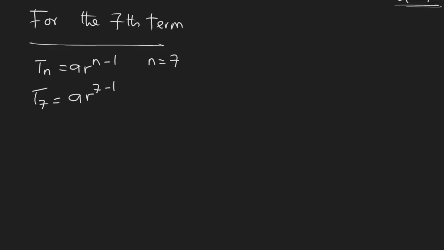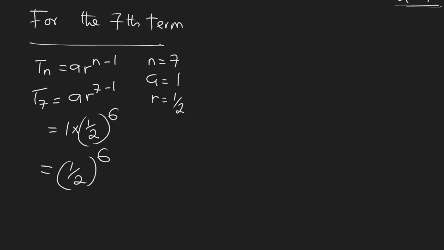So this is going to be 1 times 1 over 2 to the power of 7 minus 1, which is 6. This is equal to 1 times 1 over 2 to the power of 6.